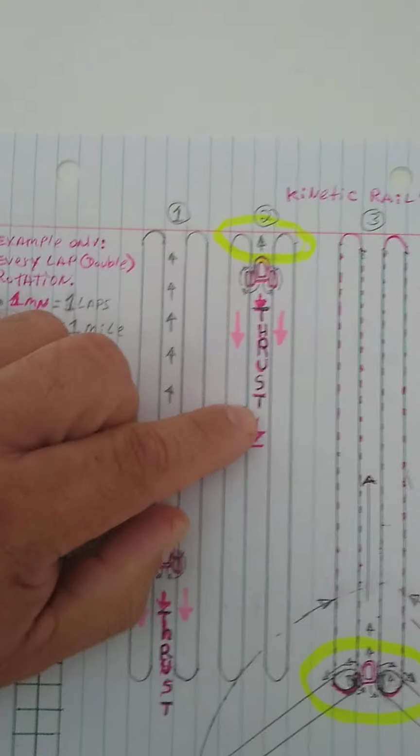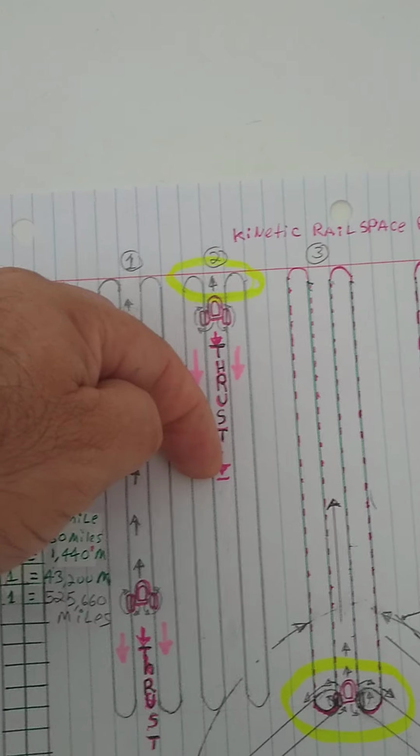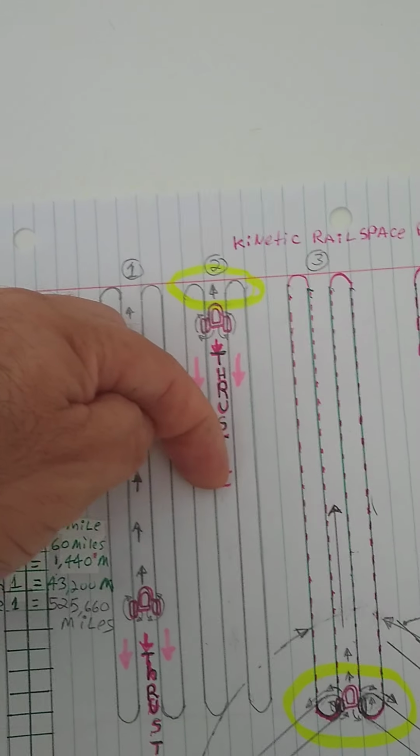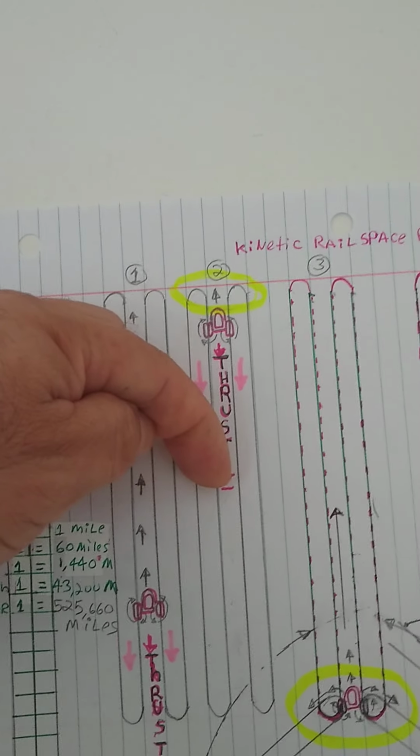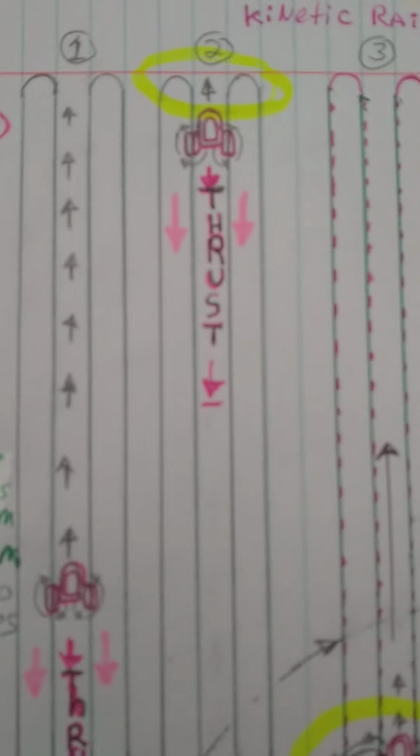In this case, instead of being fuel or gas, it is actually real mass in the form of solid mass, instead of being a mass of gas. That's the only difference between these two.